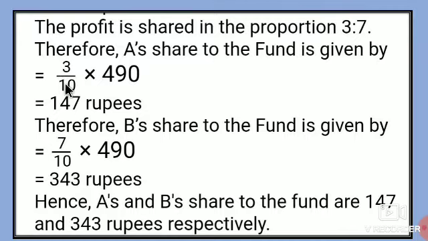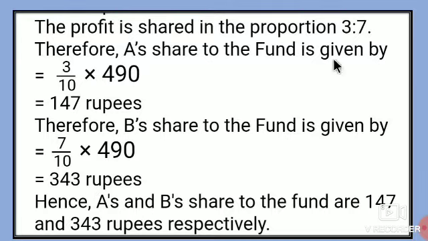So 3 upon 10 will be the share of A. So 3 upon 10 of the 490 is 147 rupees, and the share of B will be 7 upon 10 multiplied by 490, which is 343 rupees.